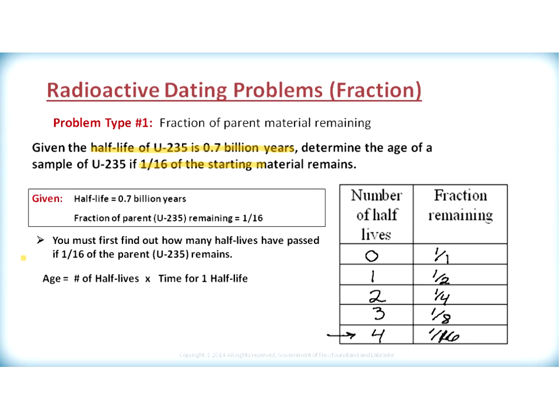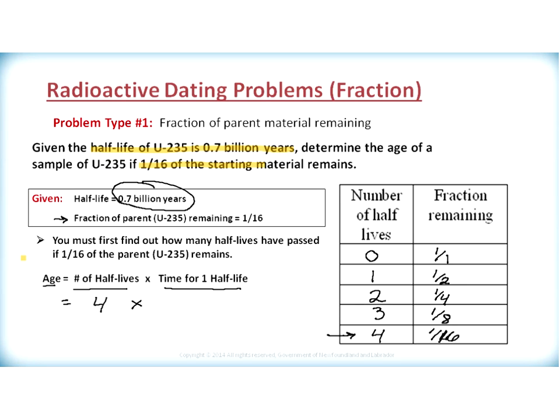The age of the overall sample is found by looking at the number of half-lives multiplied by the time for one half-life. In our situation, the number of half-lives was 4, and we multiply that by the time it takes for one half-life, which is 0.7 billion years.